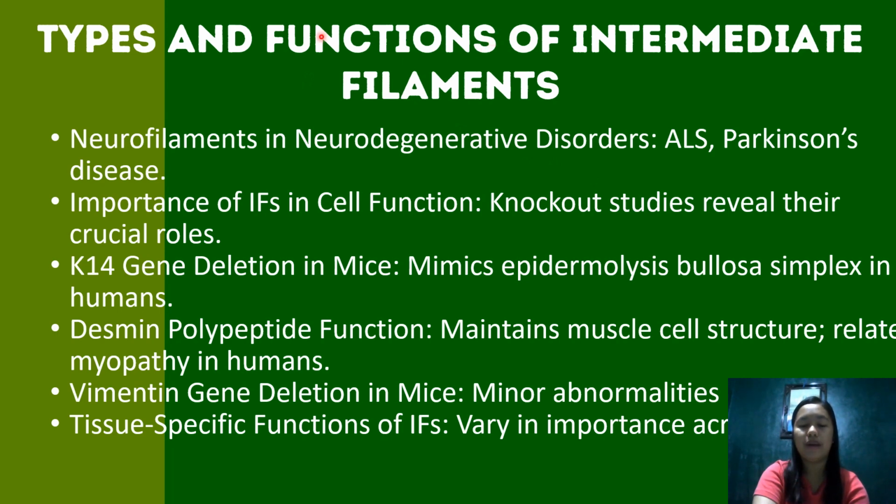So, meron silang mga diverse roles at functions na specifically naglilink sa physiological and pathological conditions. So, yung neurofilaments, isa siyang type ng IF na implicated in neurodegenerative disorders like ALS and Parkinson's disease. So, yung mga studies na to nag-emphasize ng crucial role ng IFs in maintaining the cell's function.